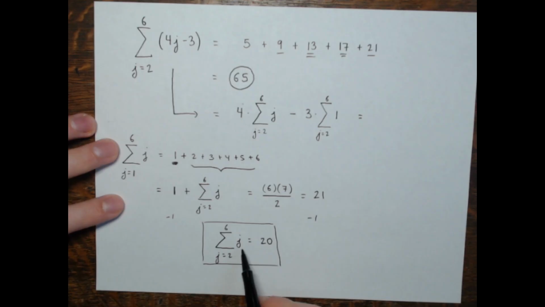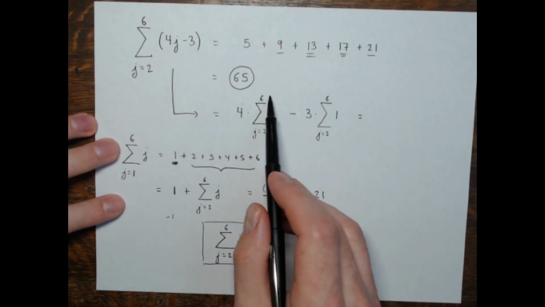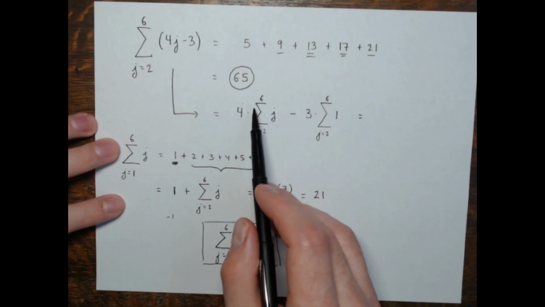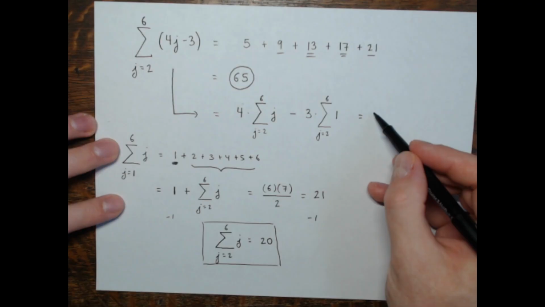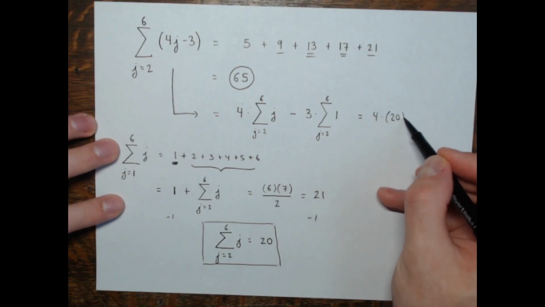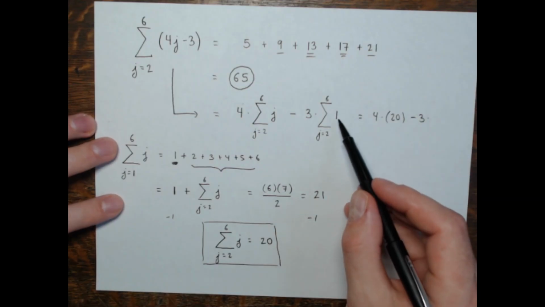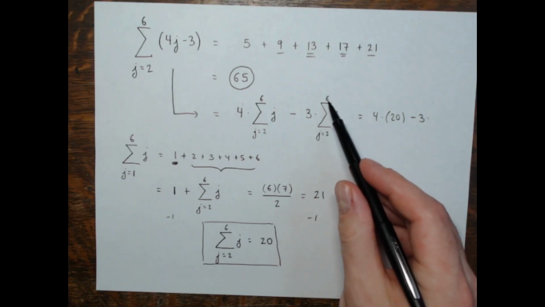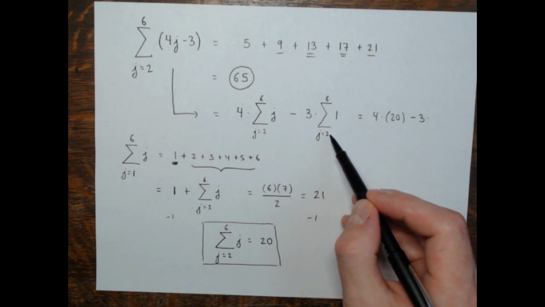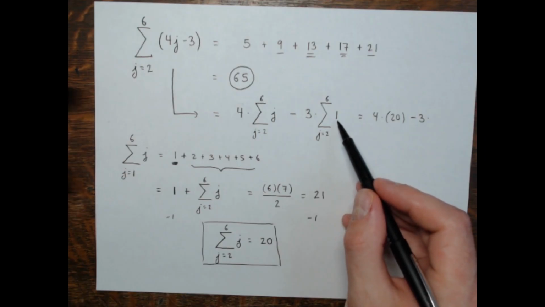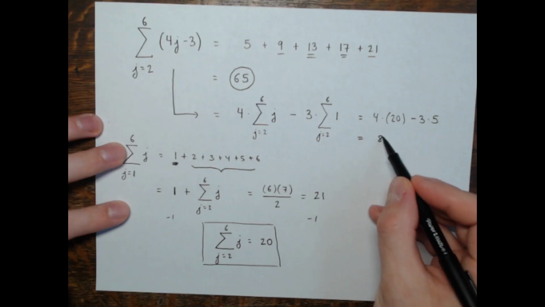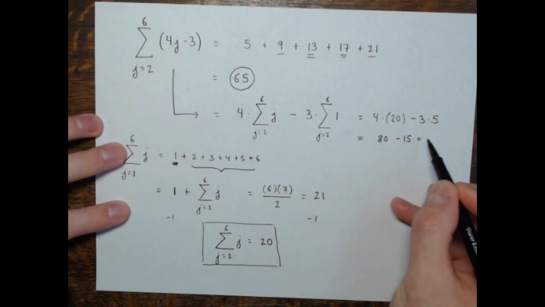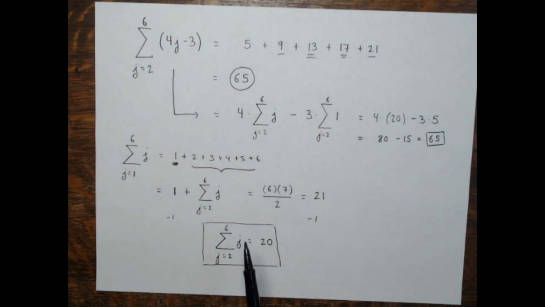And we just saw down here that this sum from j equals 2 to 6 of j to the first power terms is 20. So this is 4 times 20 minus 3 times, and remember I said earlier, there are 5 terms here, 6 minus 2 plus 1. So this would be 1 plus 1 plus 1 plus 1 plus 1. It's 1 5 times. So that's 5. So we end up with 80 minus 15, which is 65. So either way you did it, you end up with 65.